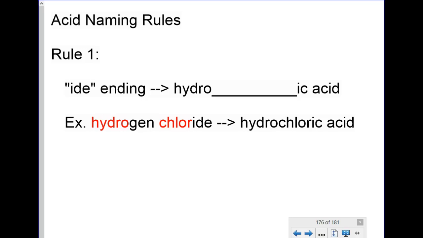The original name for that is hydrogen chloride. So we take the hydro part of the name, and that's what we start with. Then we take the root word without the IDE ending, and that goes here. The next 2 names don't use hydro at all in their acid name.